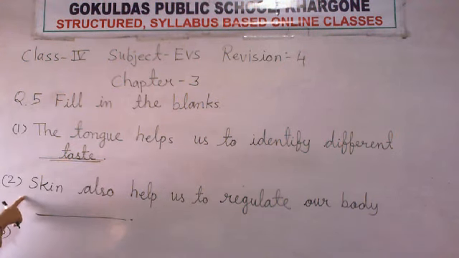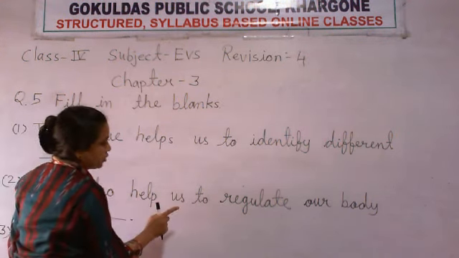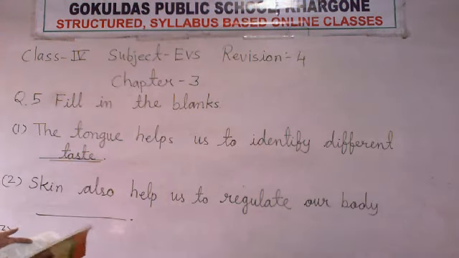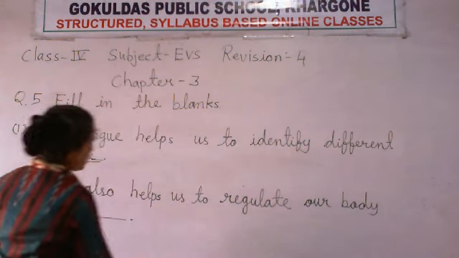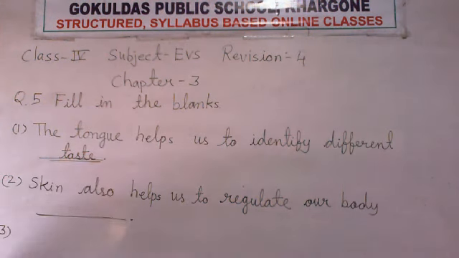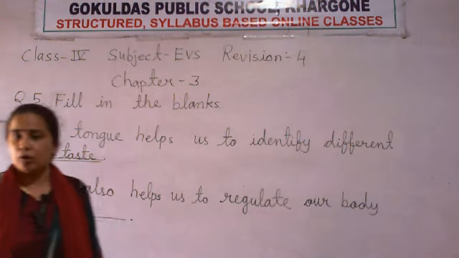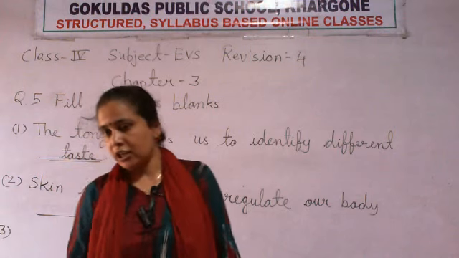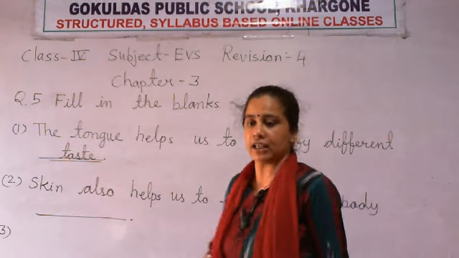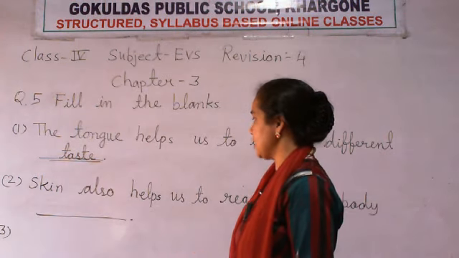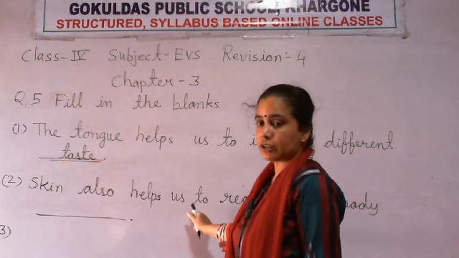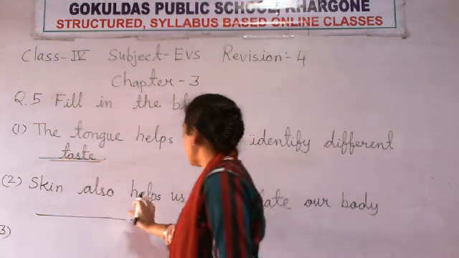Now, second, skin also helps us to regulate our body. Which thing? That is related to your body. Skin also covers our whole body. Our internal organs, bones, all the things our skin covers for us. And what is the another work done for us?